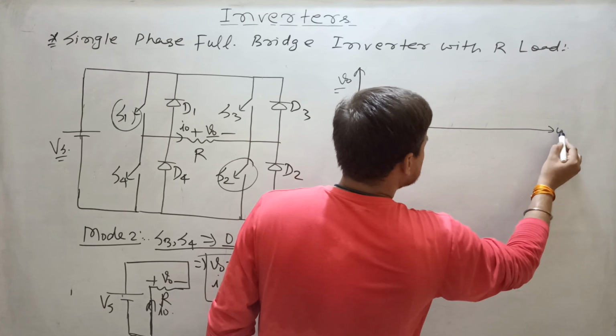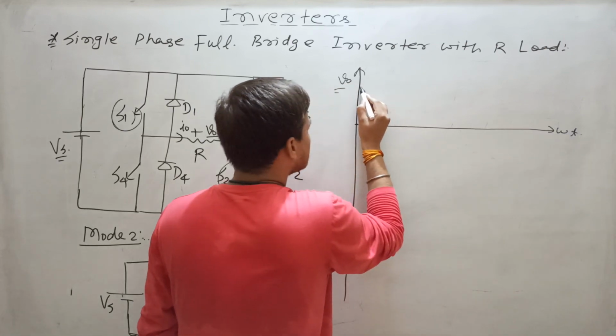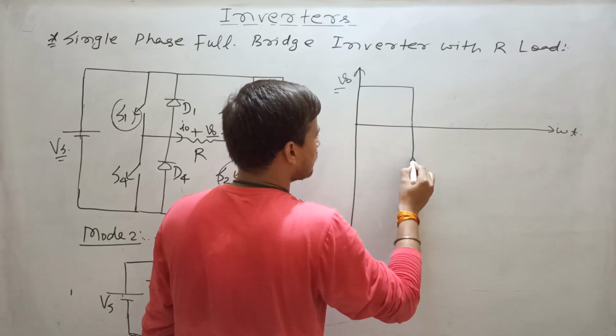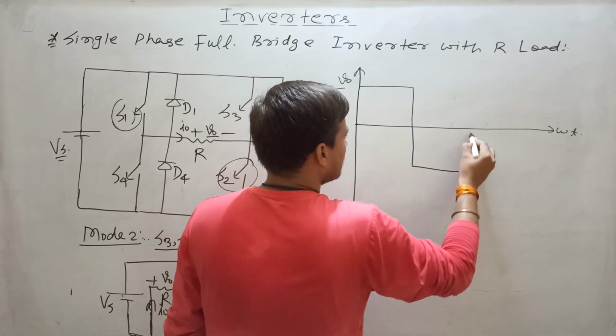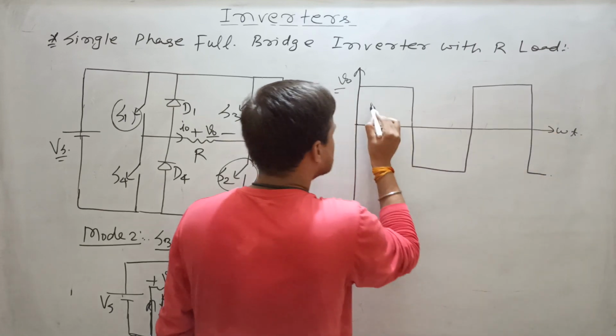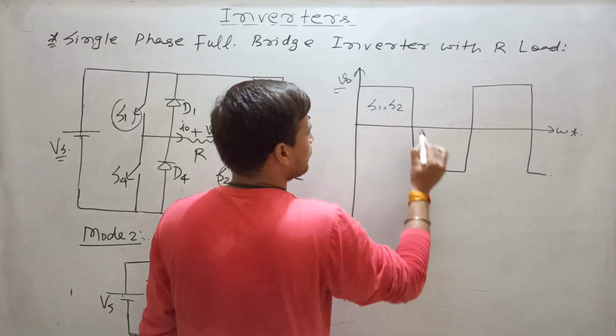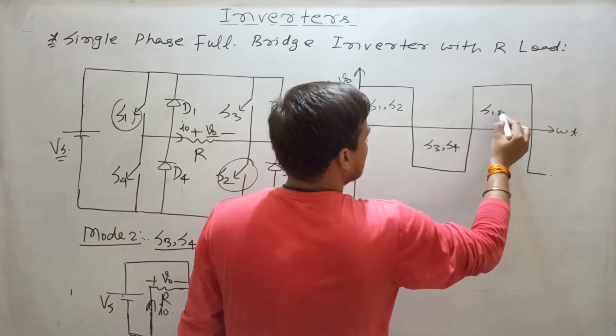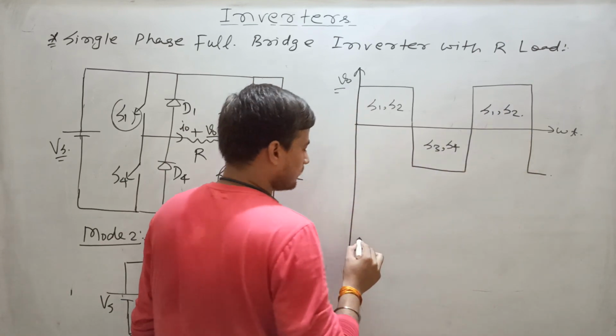This is the axis omega t. When S1 and S2 are on, you are getting positive, then negative, then positive, then negative, like this. S1 S2, S3 S4, this is S1 S2. Clear?